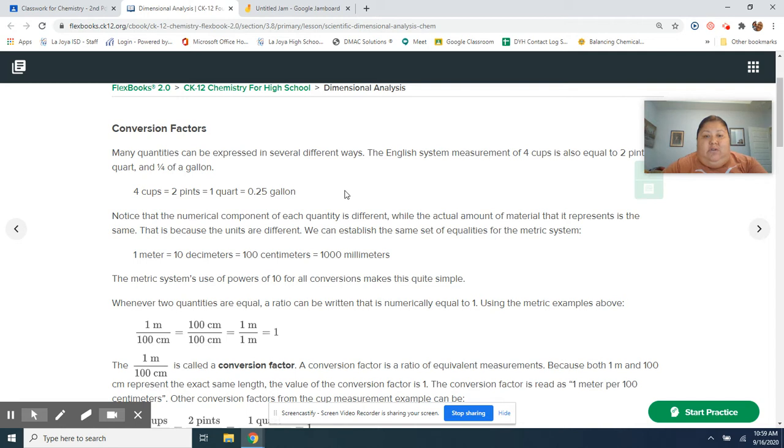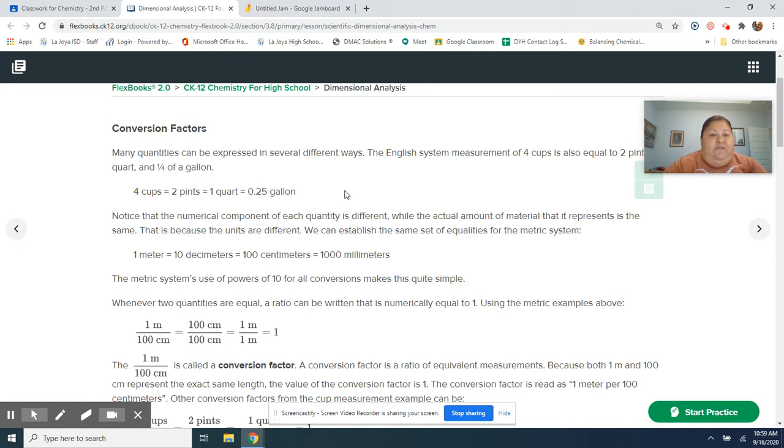You still have a quarter of a gallon. Okay, if you were to pour 1 quart, the volume would still be the same. Just like we said about the meter stick being 1 meter, 100 centimeters, or 1,000 millimeters. If you fill up an empty gallon container and you only put 2 pints, you're going to get 0.25 of a gallon.